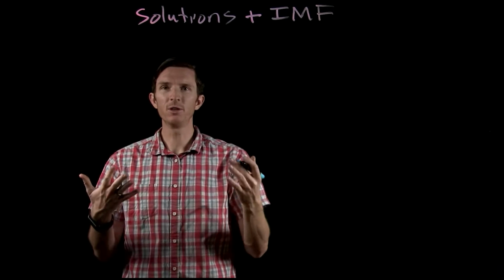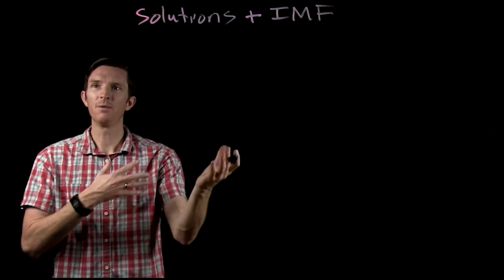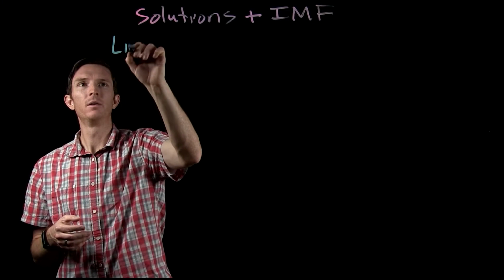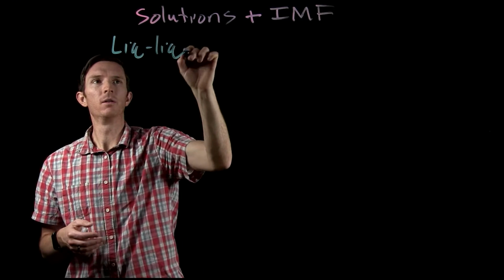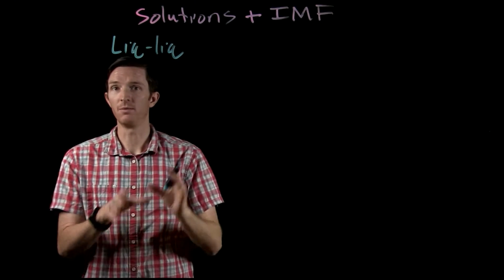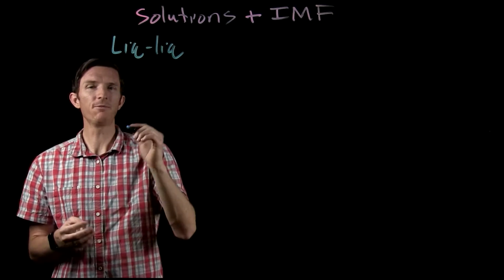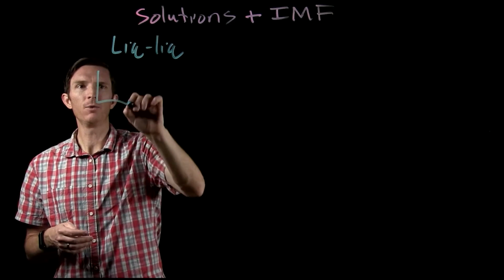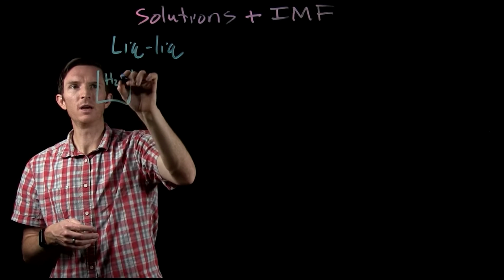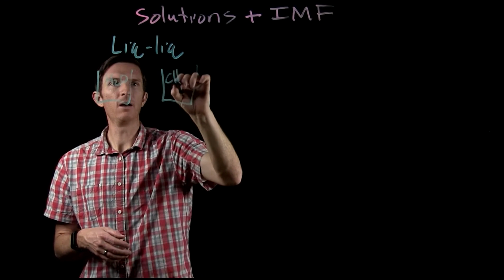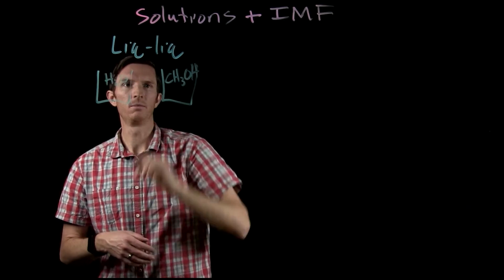Okay. So we first want to think about this with regards to how they interact. For example, we're going to look at a liquid-liquid interaction. So we have a liquid of one substance and a liquid of another substance. Let's say, for example, in one of these beakers we just have water, and in another beaker we have ethanol.